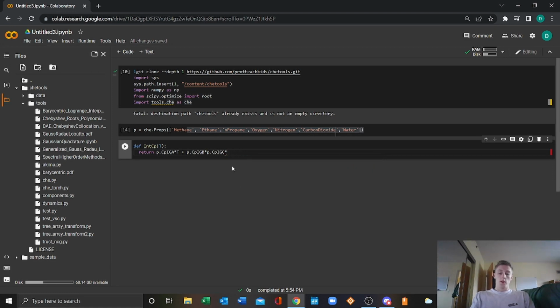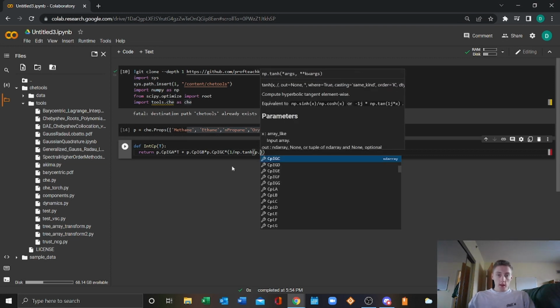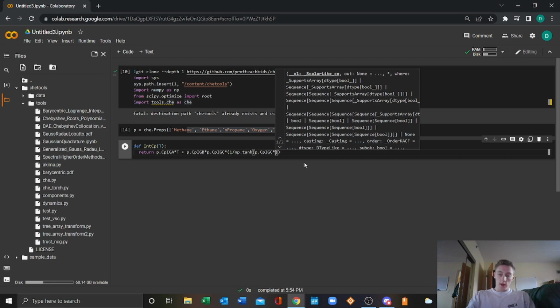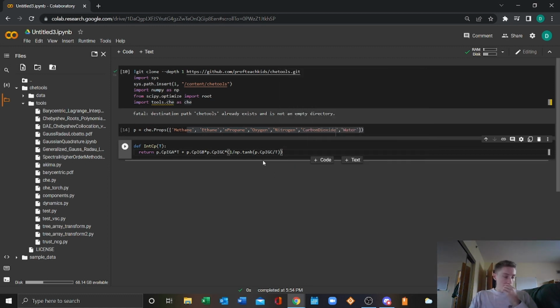So it'll be times 1 over tangent h of p dot c term divided by t this time. That's okay. So that is our entire second term, and then the third term.